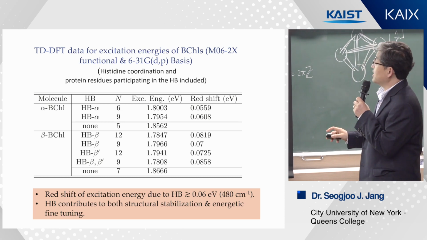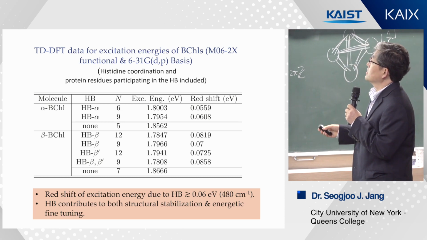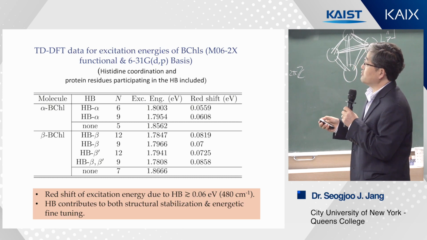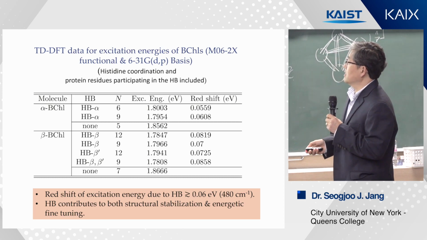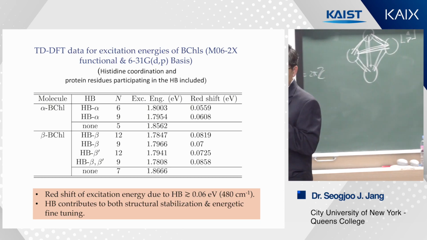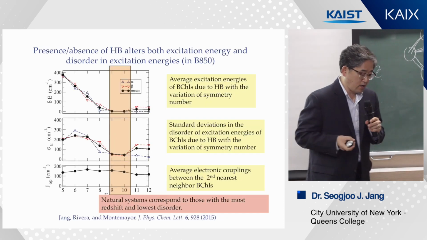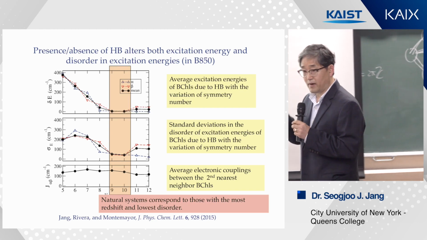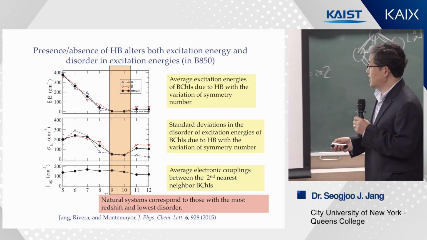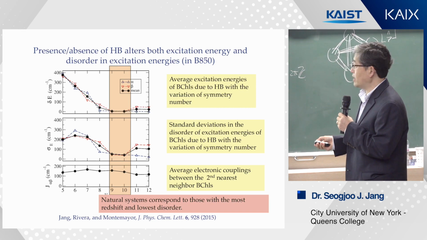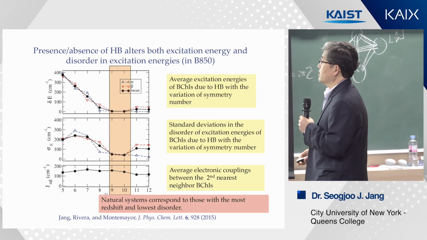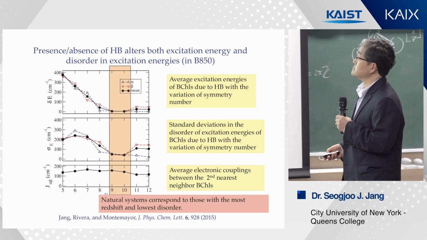When we calculated the excitation energy, we found that if the bacterial chlorophyll is hydrogen bonded, then its excitation energy becomes lower by about 500 wave numbers.